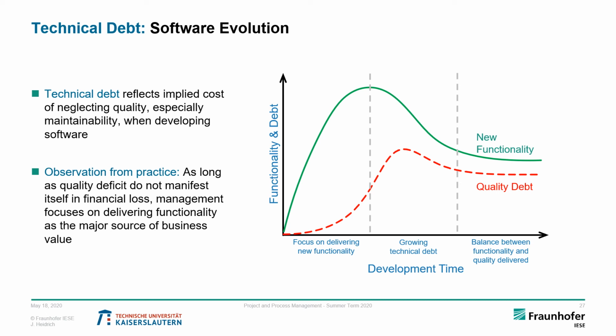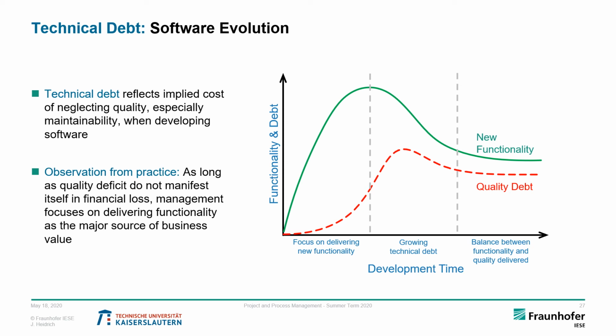The problem with that is that later on, when you have to touch that specific functionality, changing it gets more complicated. That is indicated by this red curve. The red curve basically represents the technical debt that comes from neglecting maintainability when developing software.